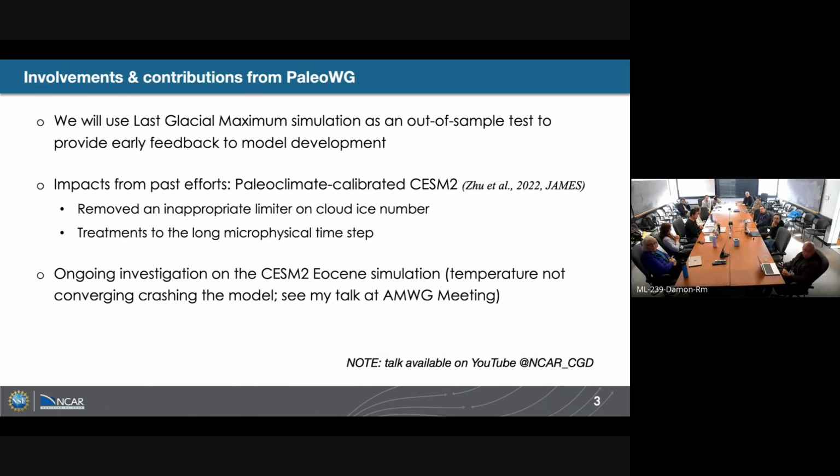And then there's active involvement and contribution from the Paleoclimate Working Group. This time we will use the last glacial maximum simulation as an out-of-sample test to provide early feedback to model development. This is motivated by our past work on the paleoclimate calibrated CESM2, where we identified issues in the standard CESM2 that have since been dealt with.